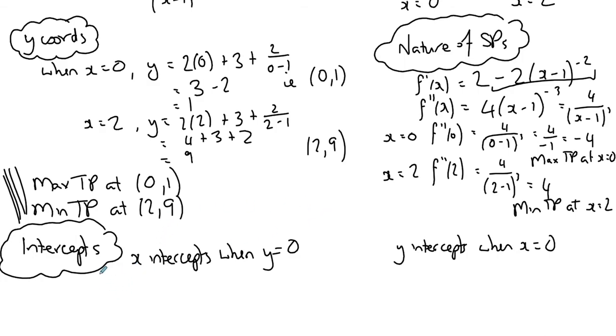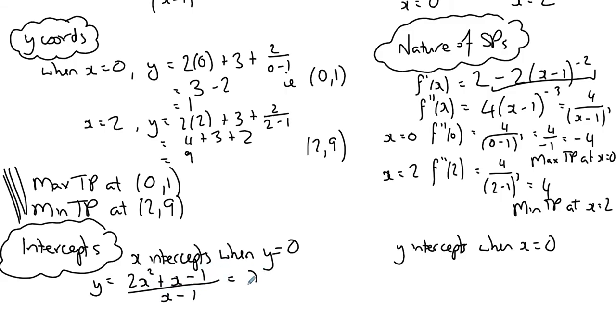So when y equals 0, let's go into what we've got in our function. You can use either one. Probably for this one we're going to be better off using the original rational function. So the original function was basically y equals (2x squared plus x minus 1) over (x minus 1).